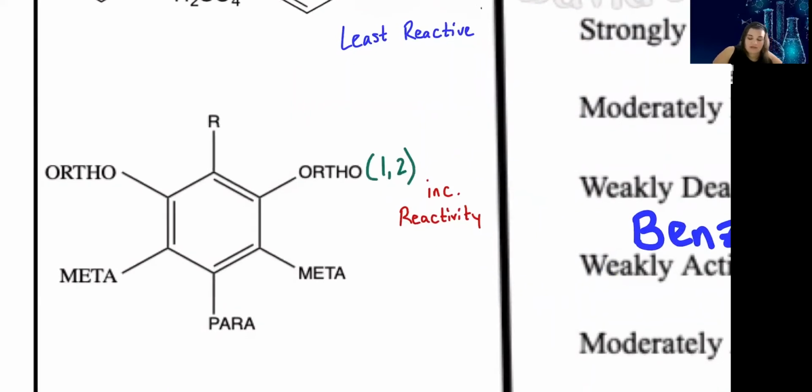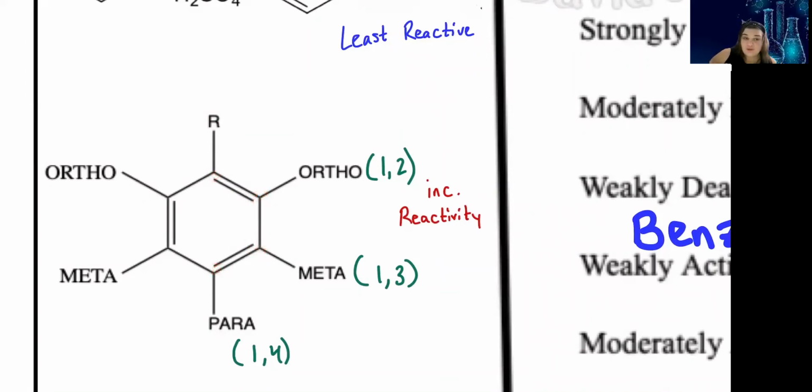When we say 1-2 position, we mean starting at the R group, you go 1, 2. So 1-2 is always ortho, okay? Meta is always 1-3, 1, 2, 3. And para is always 1-4, 1, 2, 3, 4.